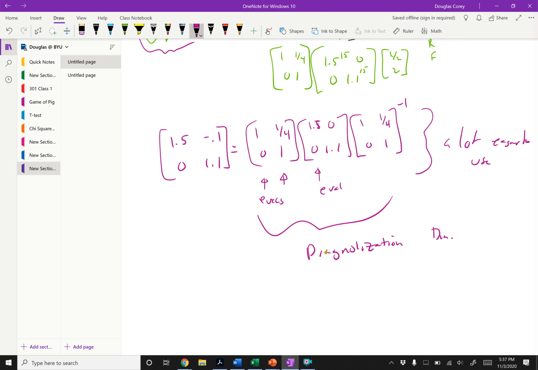This structure turns out to be valuable even if this middle one doesn't turn out to be diagonal. So let me rewrite this using the same notation as the book.